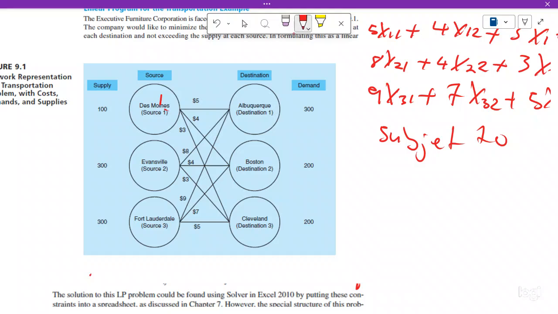This is destination, or this is I: I1, J1, I2, J2, I3, J3. Right? So now from I1, we want to supply J1, J2, J3. You understand? So now we're writing it in this way.